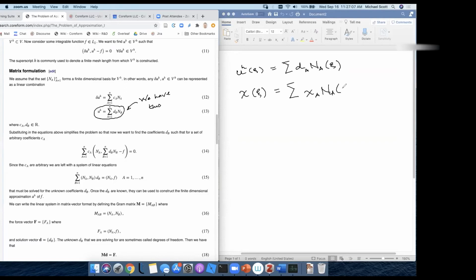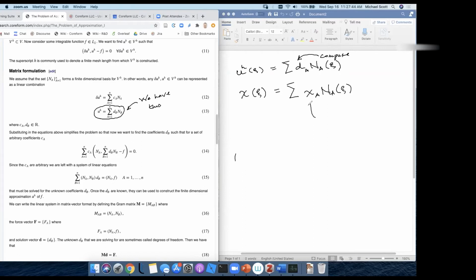Seems convenient, right? Because we already have these basis functions defined and hanging around, and we're going to use them to define our solution. Remember, we're looking for a solution in some space. The space is spanned by these basis functions. Well, why don't we use the same space, same basis functions to represent our geometry? Except rather than computing, like for these, our unknown degrees of freedom, we're going to compute those.